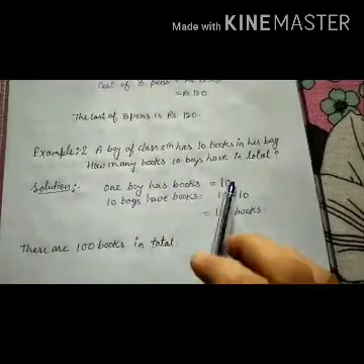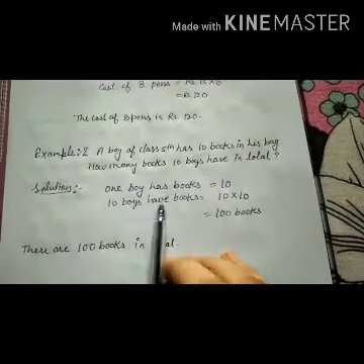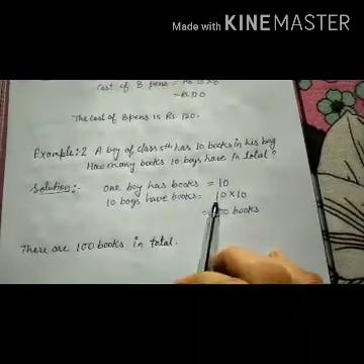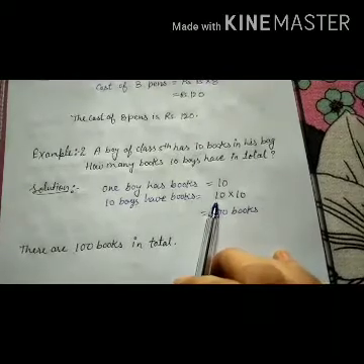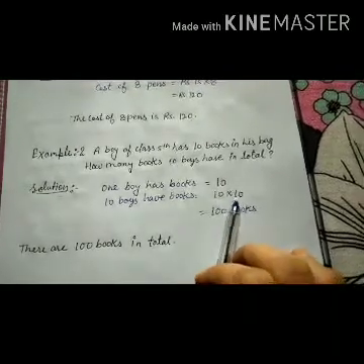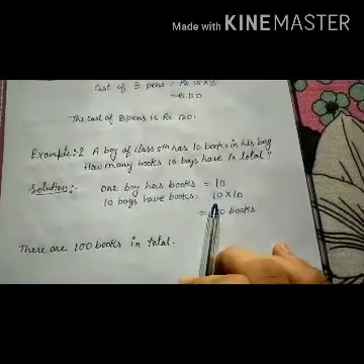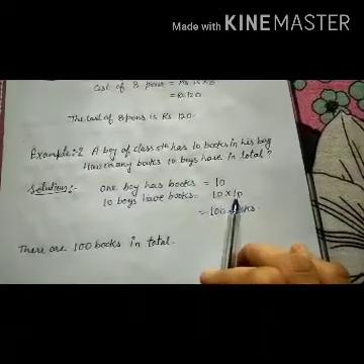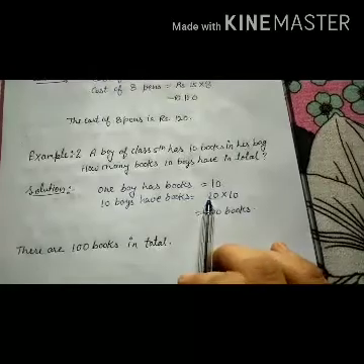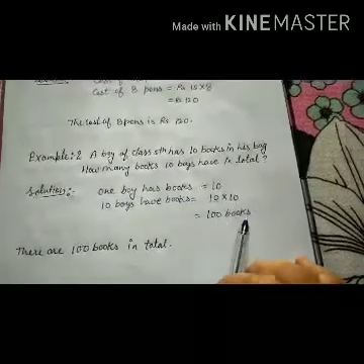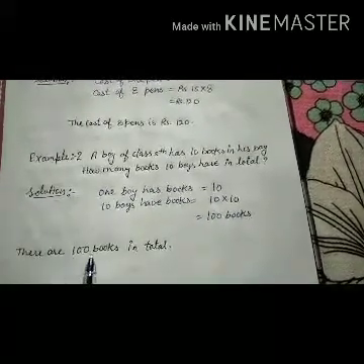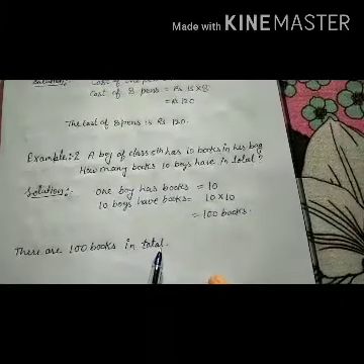Books of 10 boys is equal to the number of books one boy has multiplied by the number of total boys. One boy has 10 books and the total number of boys we have is 10. So 10 multiplied by 10 we have 100 books. So there are 100 books in total.